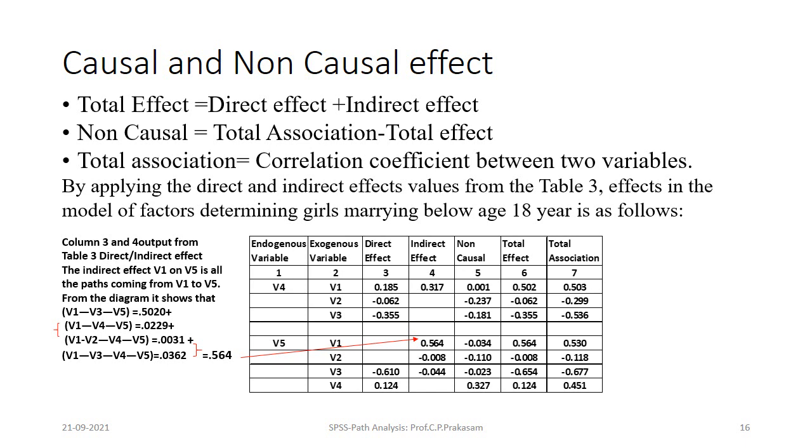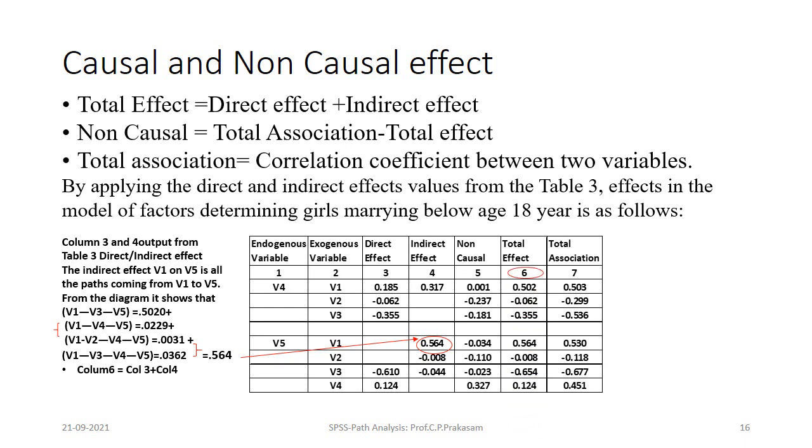That summation gives us 0.564, which is the indirect effect. Like that, we can calculate it for all the variables in the table. Again, column number 3 plus column number 4 will give us the total effect.